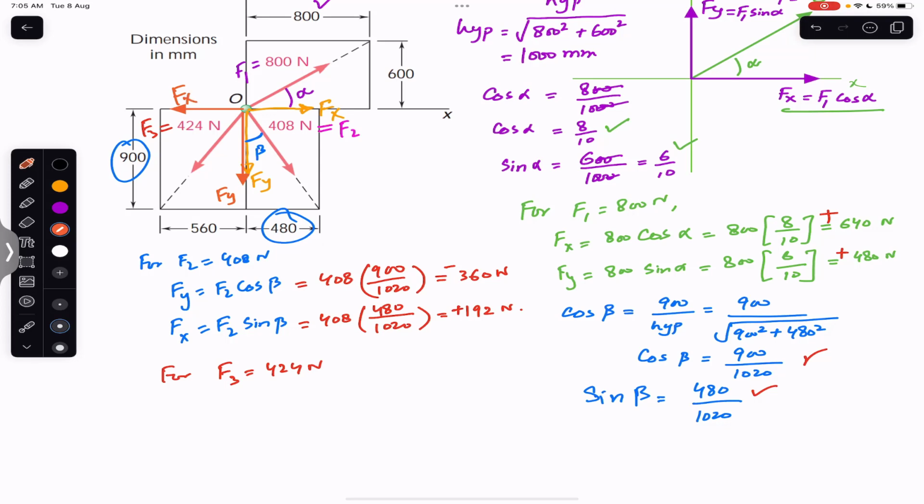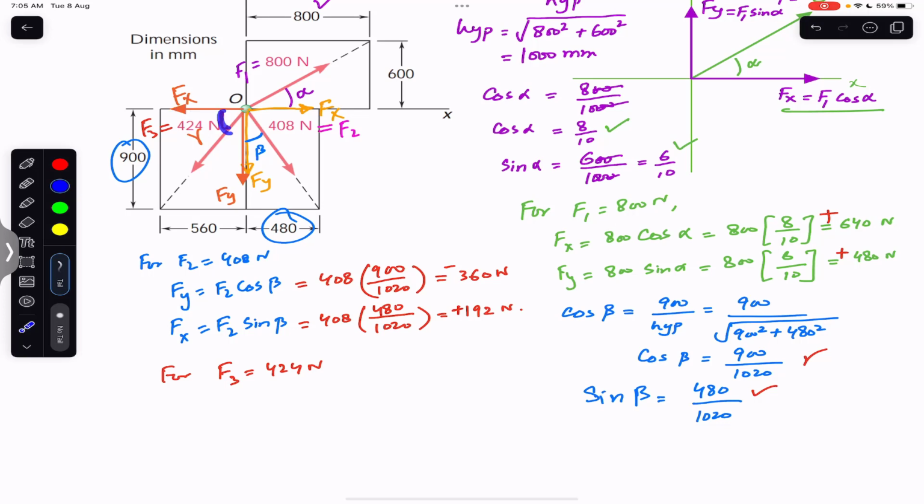This one will be the f of x for f3. Now let's say that f3 is making angle gamma here. So now this is f3, this is the f of x component, this is the f of y component, and let's say it is making angle gamma with the x-axis.